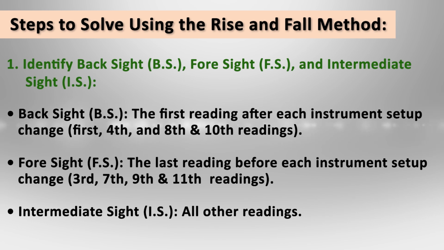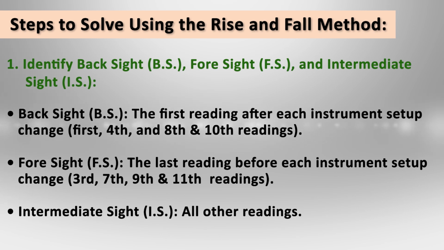So, backsight will be 0.32, then the next intermediate sight would be 0.53, the next foresight would be 0.62, and since after this there is a change in the level instrument, we will go to the backsight again.